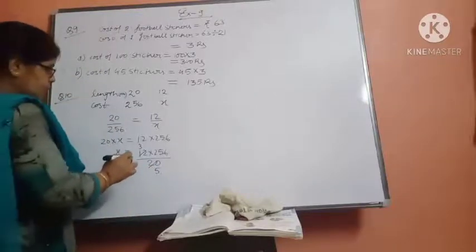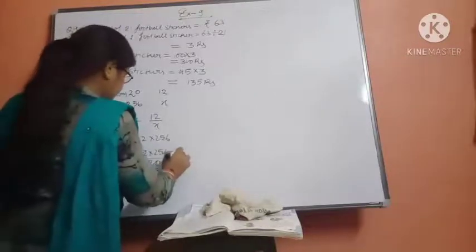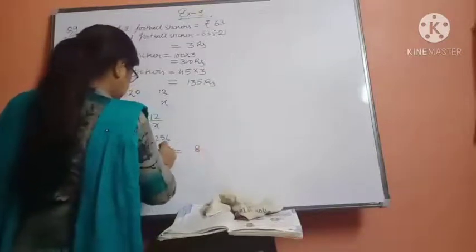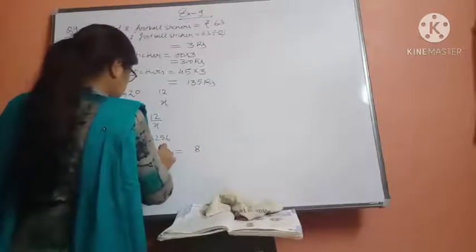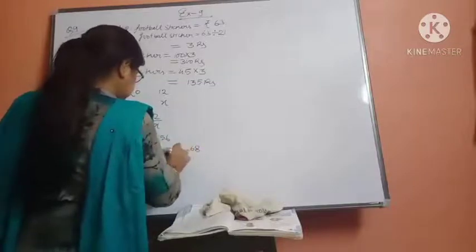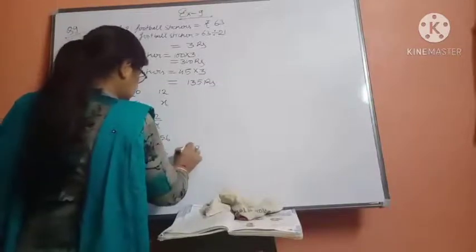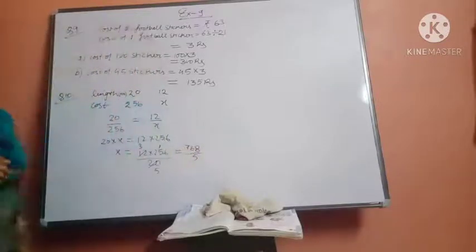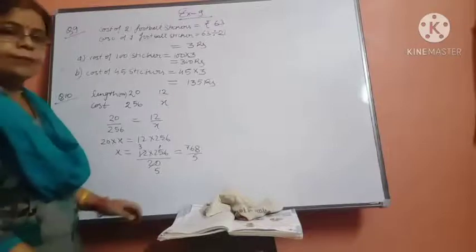Now divide it. 3 sixes are 18, carry 1, 3 fives are 15, and 1 is 16, carry 1, 3 twos are 6, and 1 is 7. 768 divided by 5. Now see how much cost is coming.